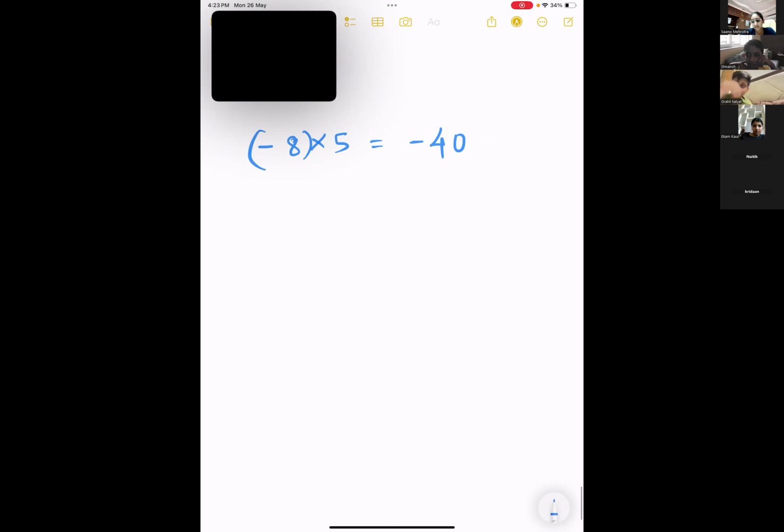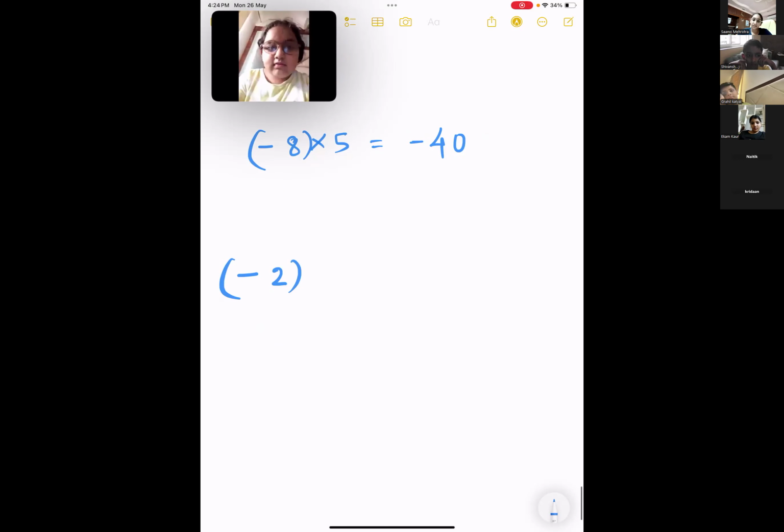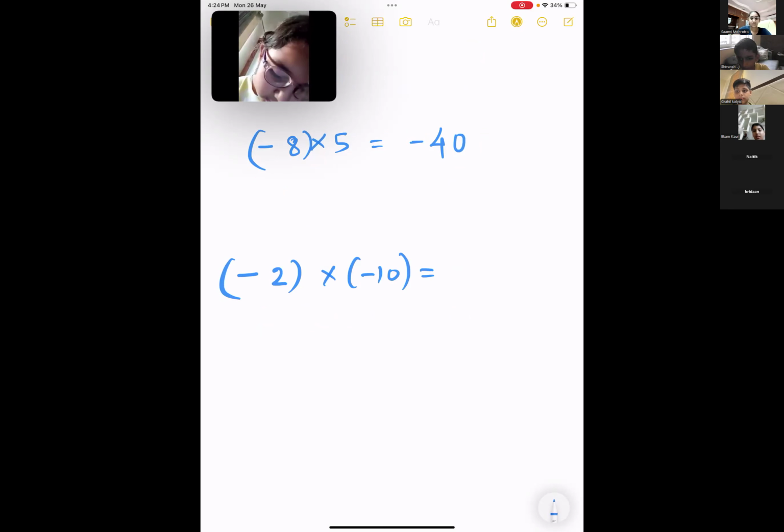Okay, another question. Minus 2 multiplied by minus 10. What is the answer? Very good. Quick. Your 10 looks like a 16 to me. The answer should be in 30 seconds or less. Don't waste time typing my question.